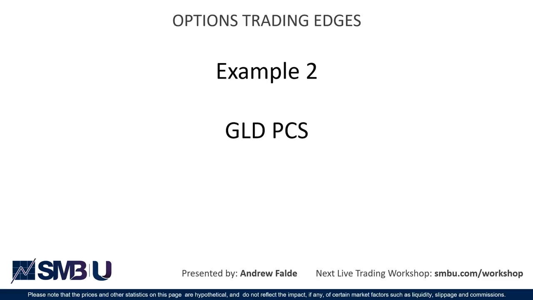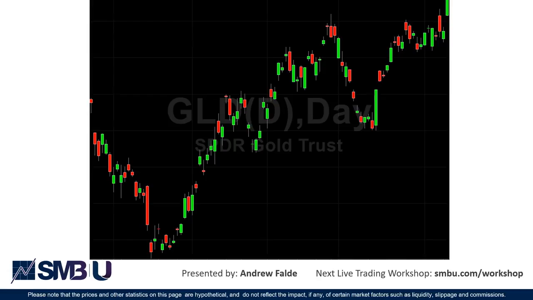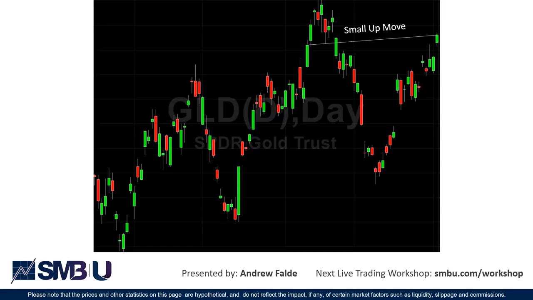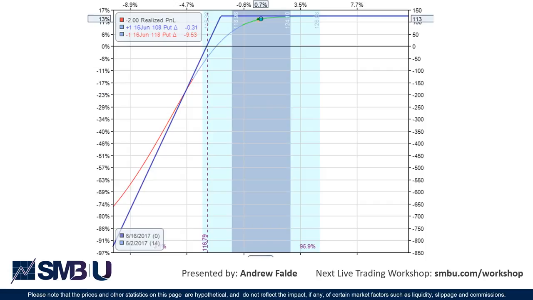GLD, gold ETF, PCS, put credit spread. Same setup, same position, net credit, same ending point with a small uptick in the move. Remember, the shares only made $40. But the put credit spread made $113.